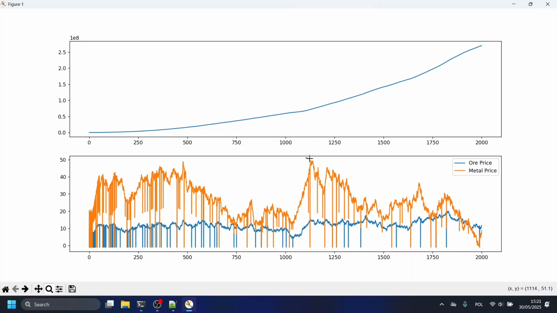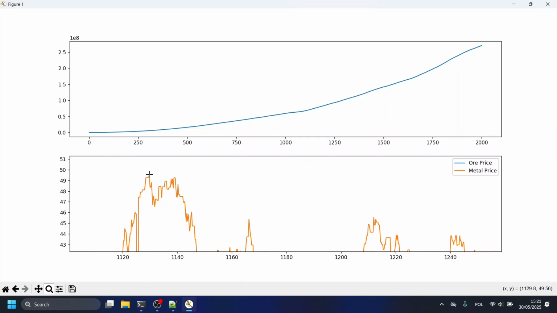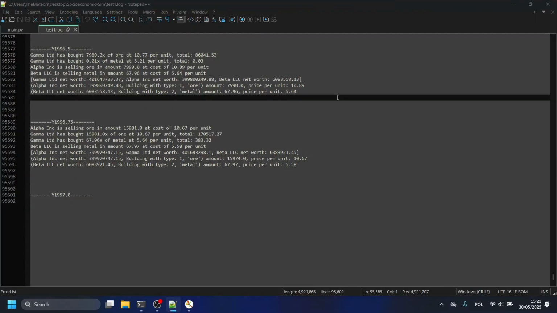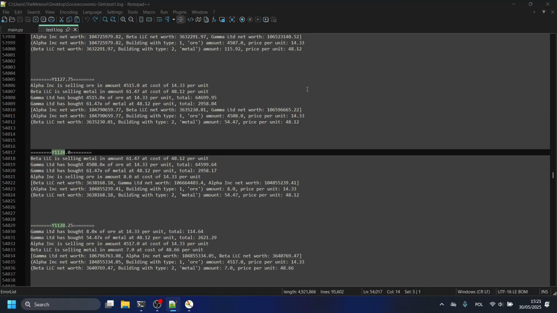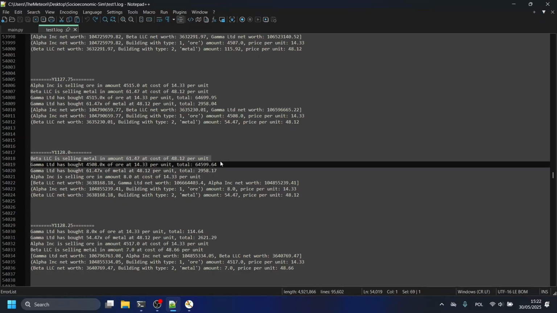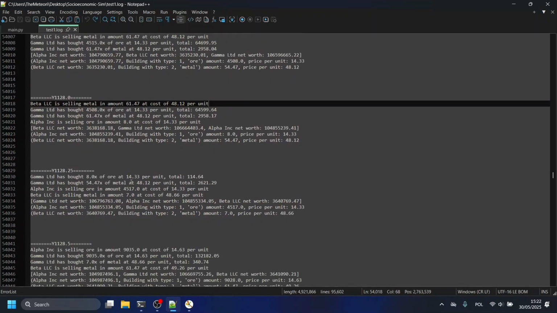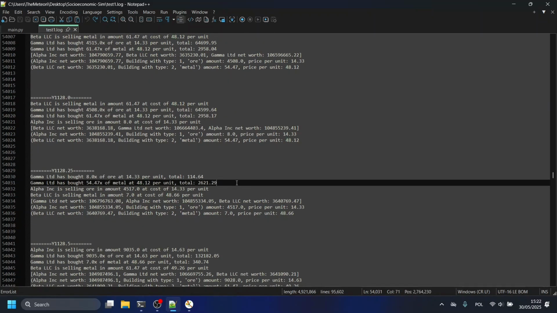So let's check the year on this. This is around the year 1130, maybe like 1128. So that's here. And we can see that it's 48 per unit. And that's still 48 per unit.